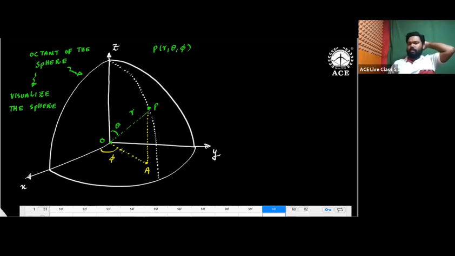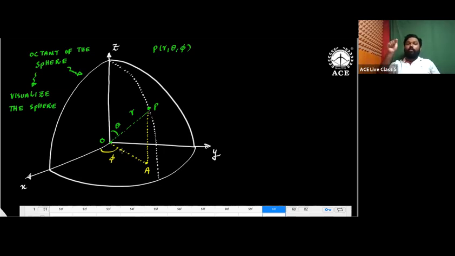Okay. So here, this is the r. Observe here. This is r. This one is theta, and this one is phi. Clear? I'll ask a very basic question. Is OA and OP the same? If you can answer this correctly, it implies that you have visualized it correctly. I'll repeat my question one more time.